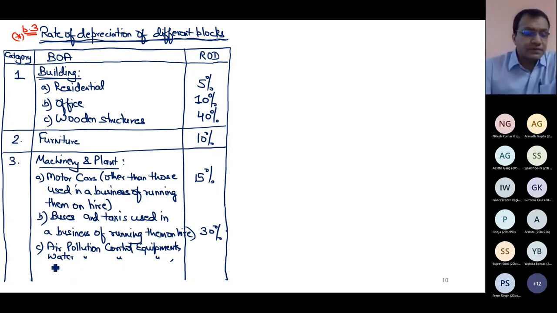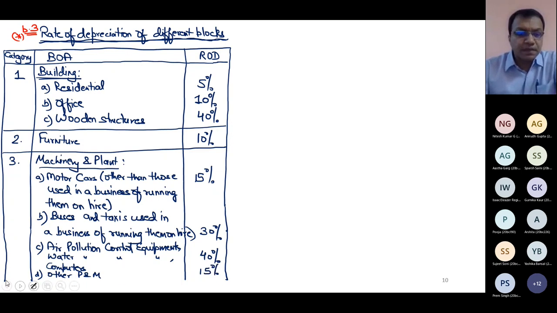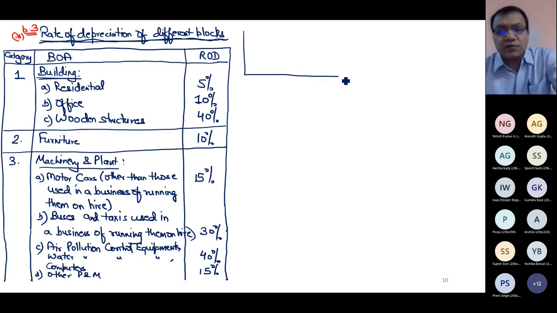Only the relevant ones I'm writing, computers. In these cases, 40%. Other than these, the remaining category of plant and machinery, other plant and machinery, flat 15%. That's it. This is the category of machinery and plant.